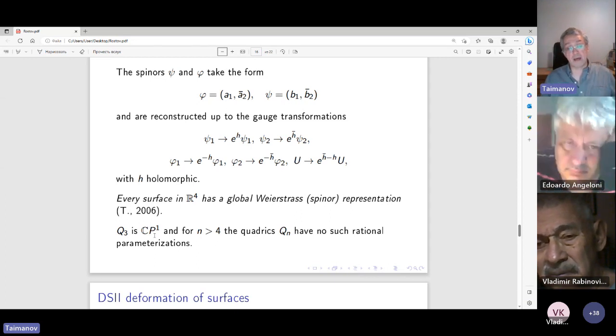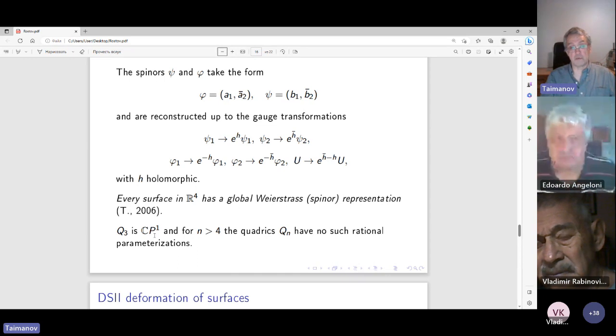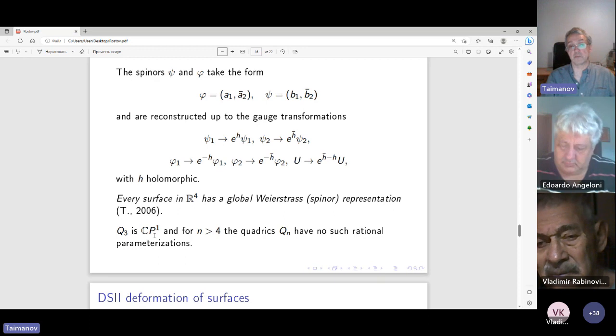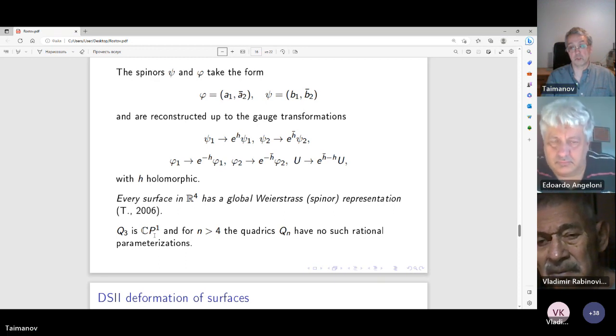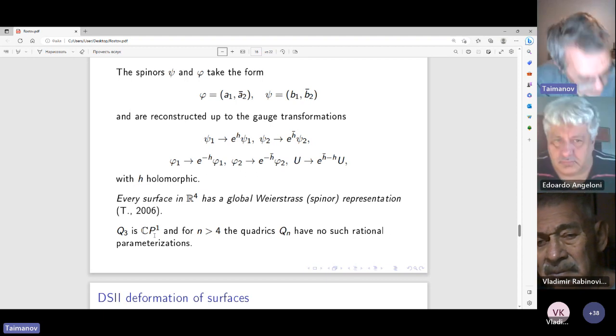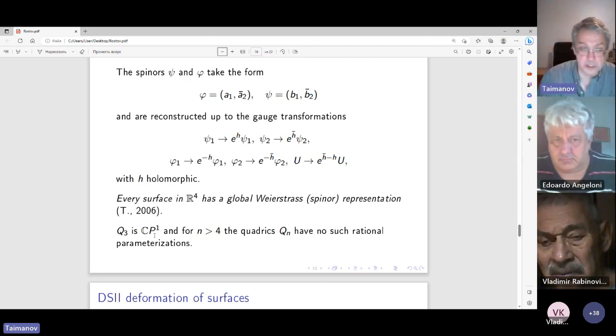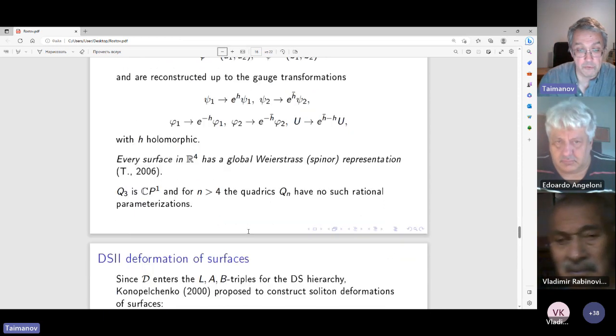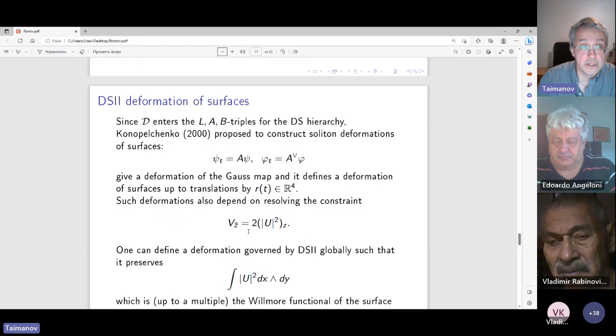But for higher dimensions, n greater than 4, the quadrics Qn have no such rational parameterizations. So we cannot describe the Gauss map in terms of some rational data and derive such reconstruction formulas.